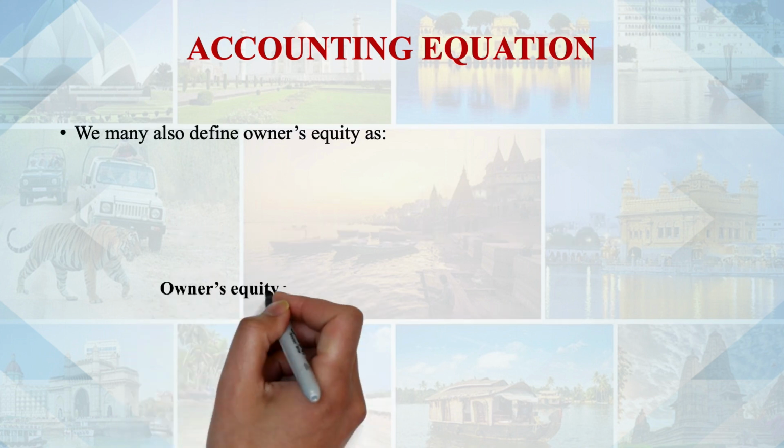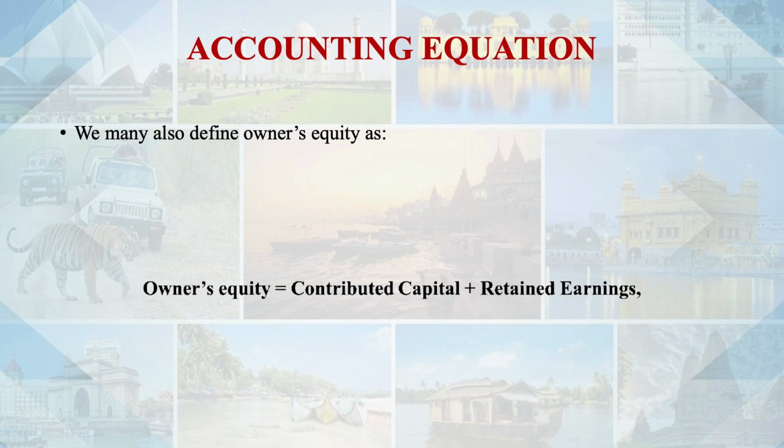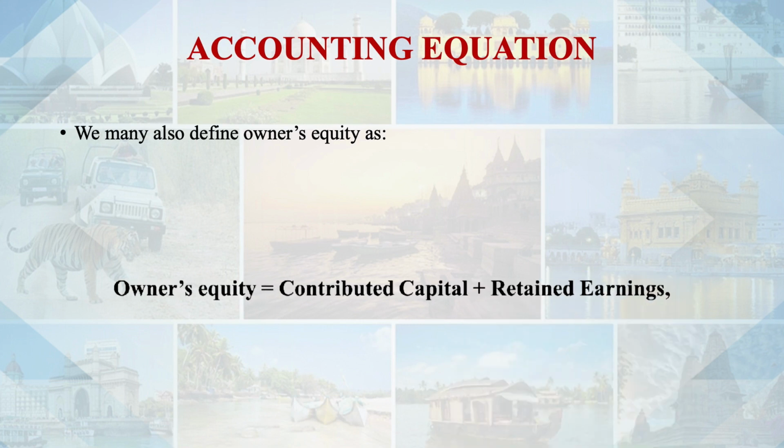Now, can we define the owner's equity this way? Owner's equity is equal to the capital which has been contributed, along with the retained earnings. Retained earnings means the profits which remain after paying for all the expenses and all the taxes. So what is owner's equity?